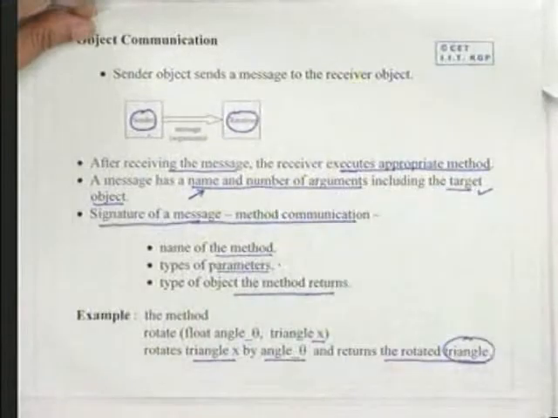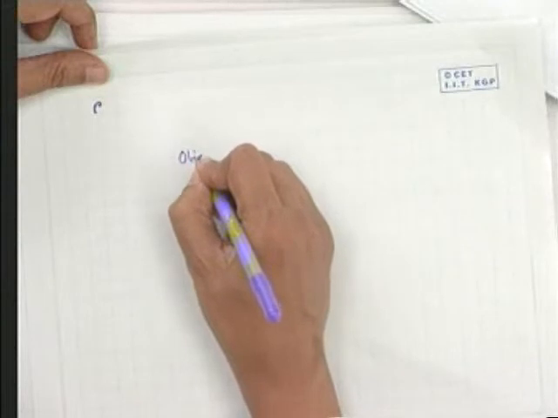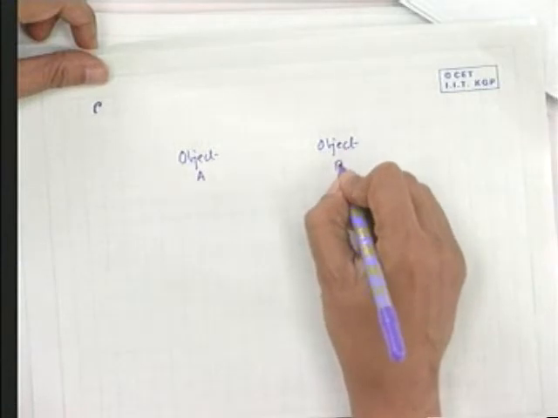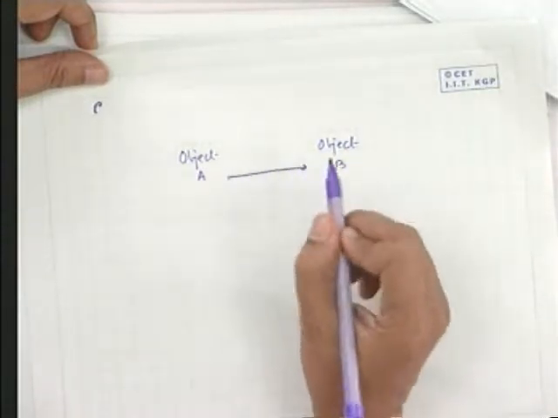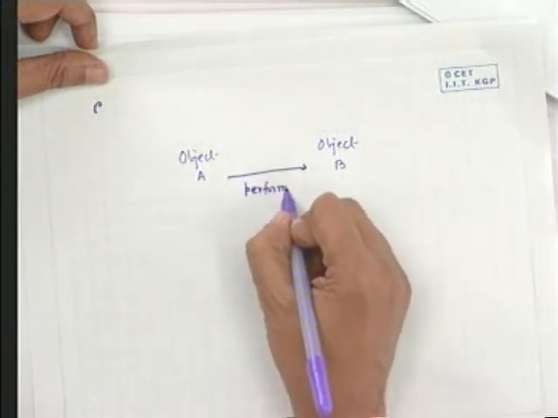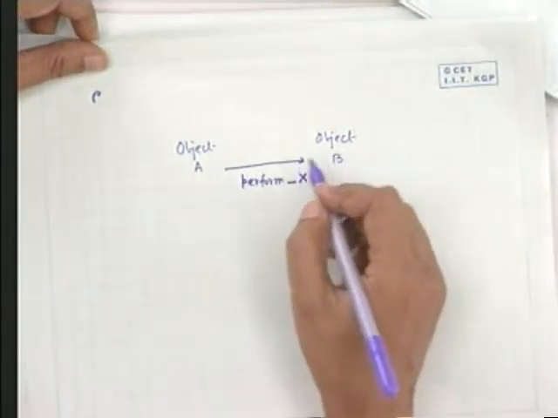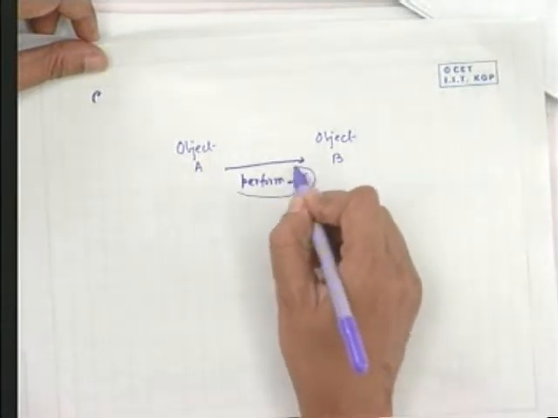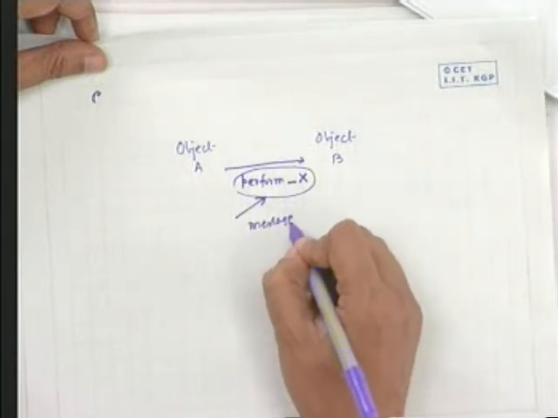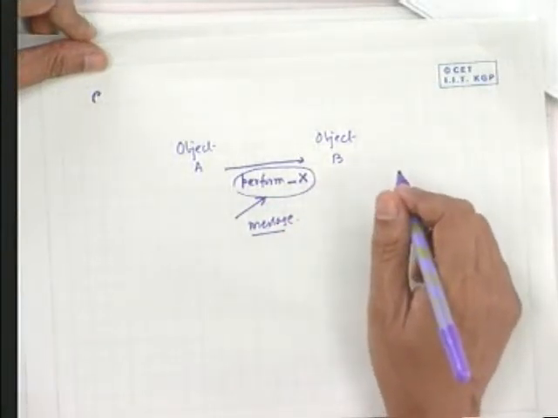So, to recapitulate, whenever an object A wants to communicate with an object B, it sends a message, say perform operation X. Now the object B, after receiving this message perform X, has several ways this operation can be executed.